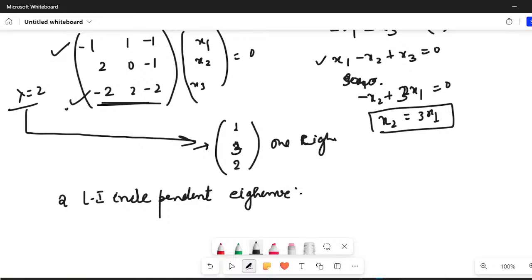Since there are only two linearly independent eigenvectors, I can say that matrix A is non-diagonalizable, because I told you a matrix is diagonalizable if and only if, for a matrix of order n, it has n linearly independent eigenvectors. Here the matrix A is of order 3, and the total number of linearly independent eigenvectors that I'm getting is only 2.